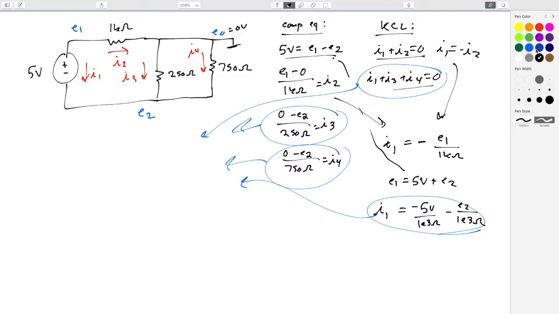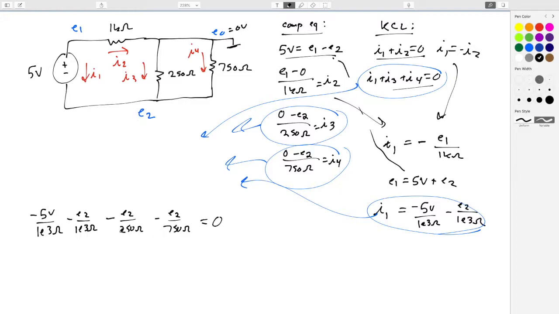So it's going to be negative 5 volts over 1 e to the 3 ohms minus E2 over 1 e to the 3 ohms, and then I3, minus E2 over 250 ohms, then minus E2 over 750 ohms equals 0. Cool. Again, you'll start seeing patterns as we do the math, like the same sort of things pop up.